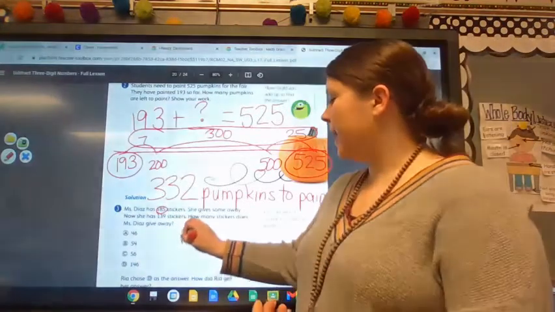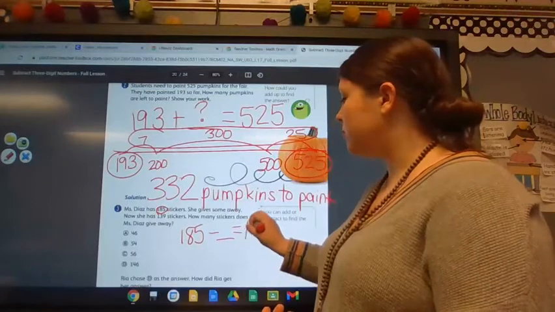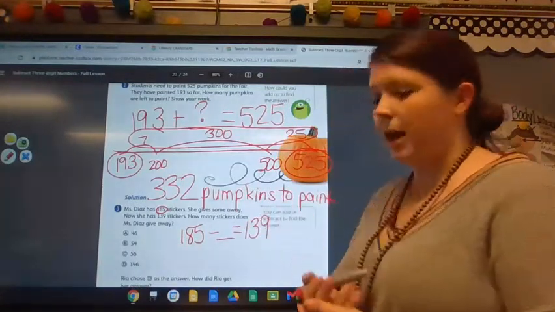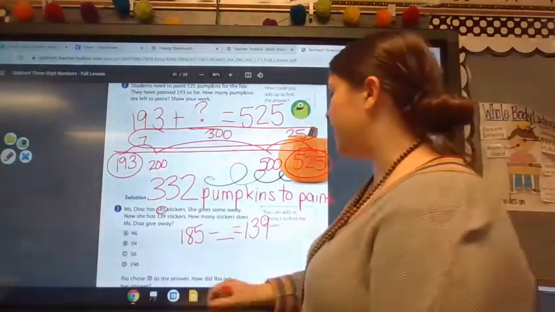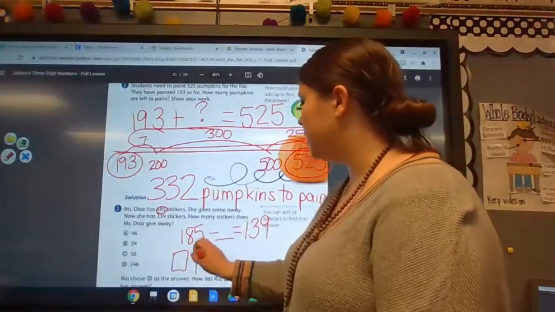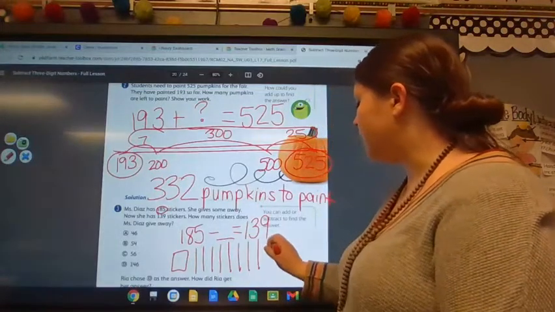All right, so if Miss Diaz has 185, she gives some away. Now she's at 139, okay? So I'm going to start with 185. 100, 8 tens, and 5 ones.